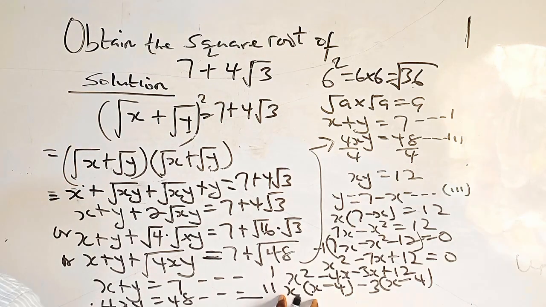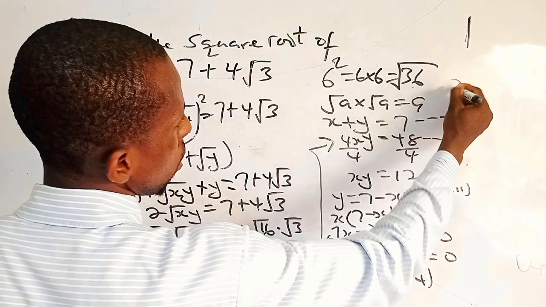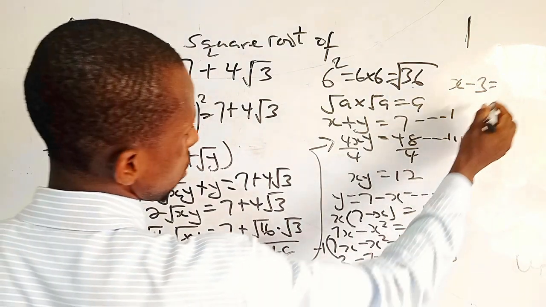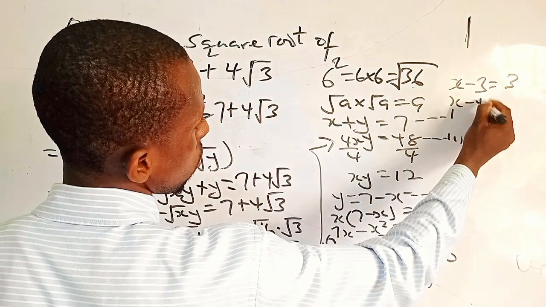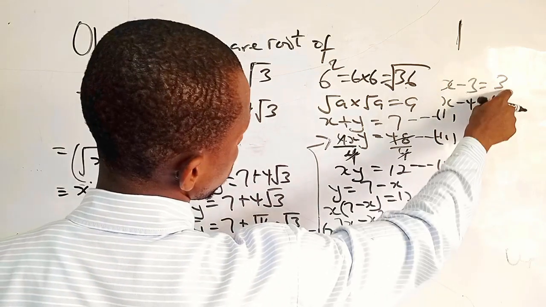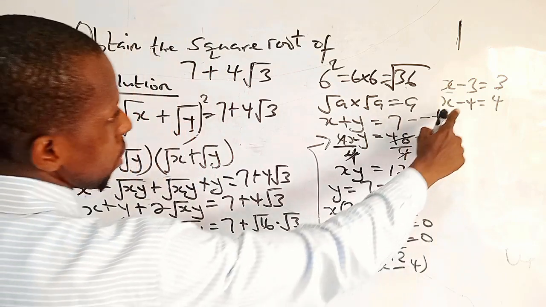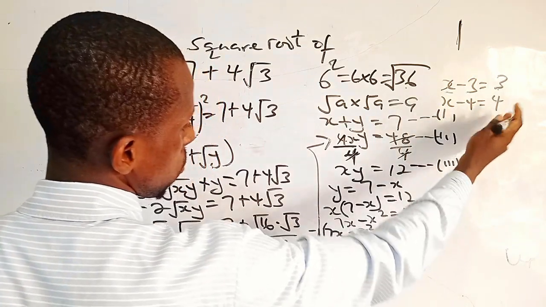So (x minus 3)(x minus 4) equals 0, meaning x is 3 or x is 4.